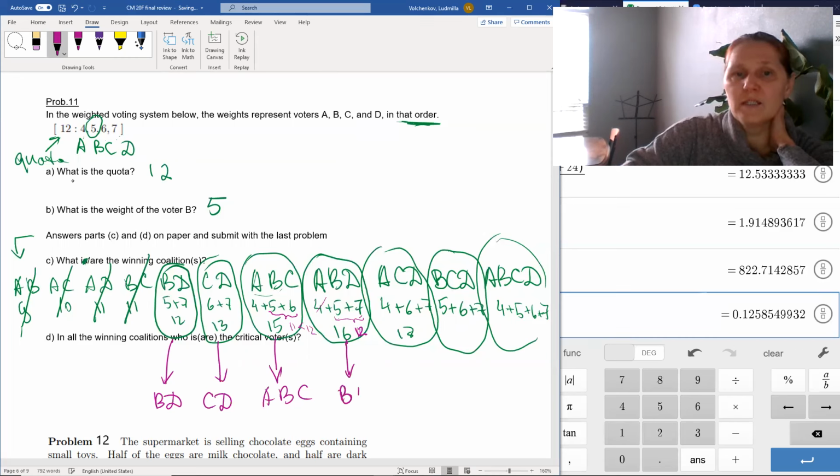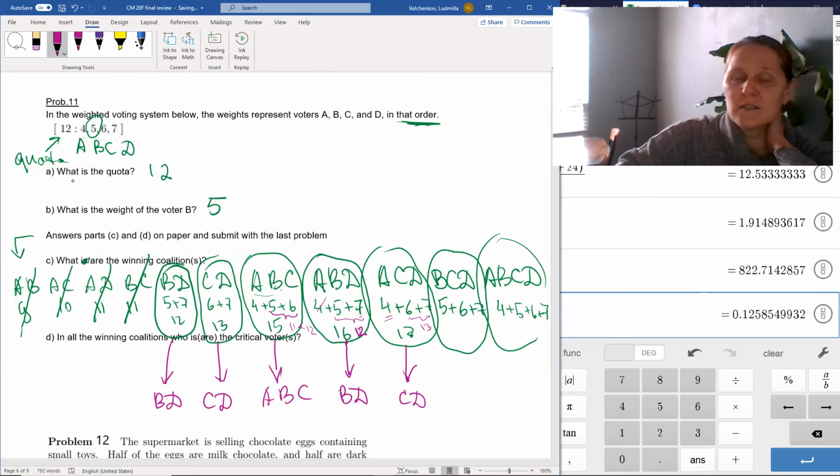So B and D are critical in this coalition. A, C, D, if you remove 4, 6 plus 7 is 13, greater than 12. So A is not critical, but both C and D are critical.